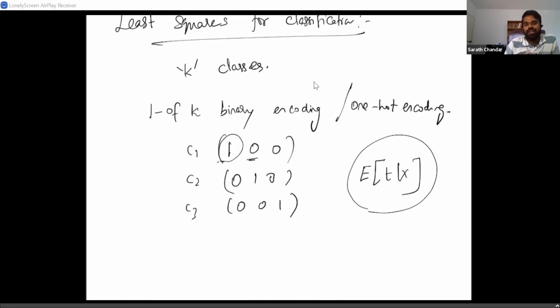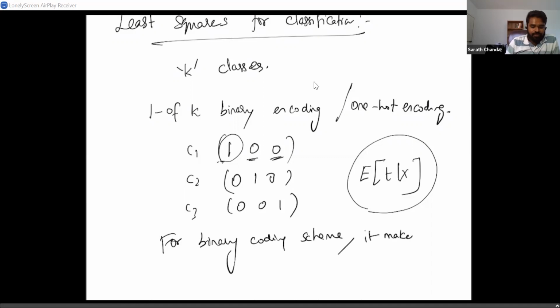If you are dealing with class 1, the probability of class 2 is 0, similarly class 3 is 0, and so on. The moment we start using one hot encoding, and given that least squares is modeling the conditional expectation, specifically for this binary coding scheme, it makes sense to use least squares.